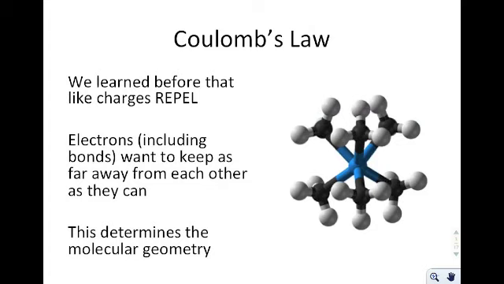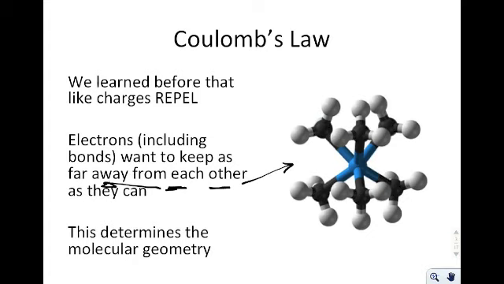So we talked a little bit about Coulomb's law earlier when we were talking about different types of bonding, and also earlier this year in terms of electrons and where to fill them up. Coulomb's law basically says that charges want to repel from each other because they are like charged. Electrons are always negatively charged, and because of that, they want to get as far away from each other as they can.